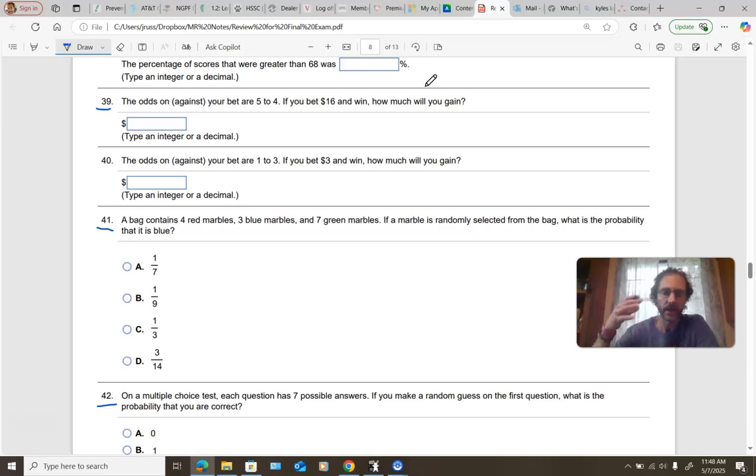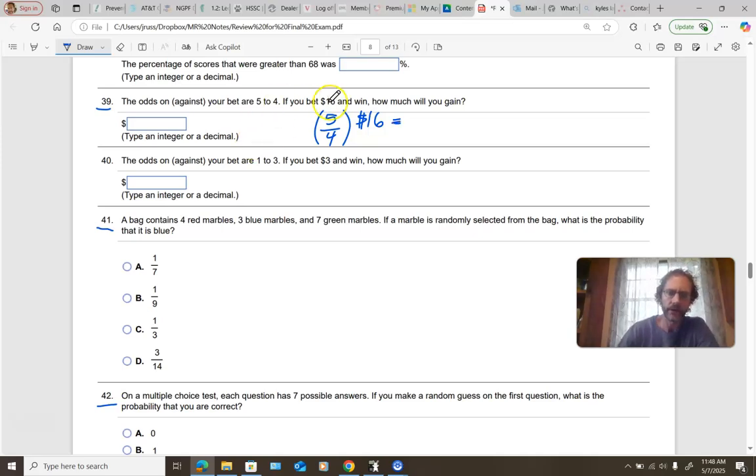Well, the odds against something, guys, you're going to look at it like it's just a ratio, 5 to 4, okay? That ratio is the multiple by which you're going to win. So all you really need to do is multiply this ratio by however much you bet, so $16. You multiply those two.